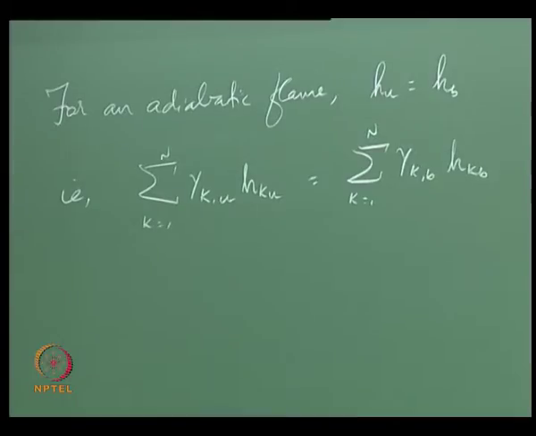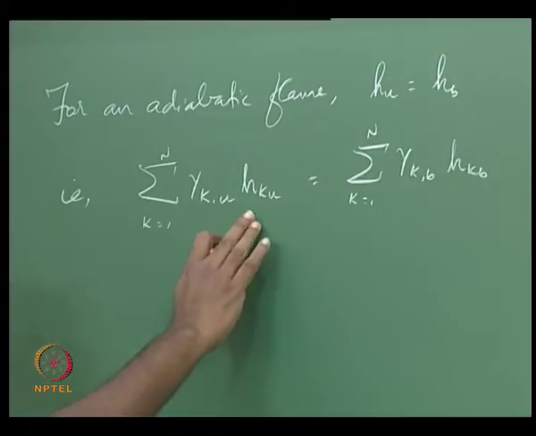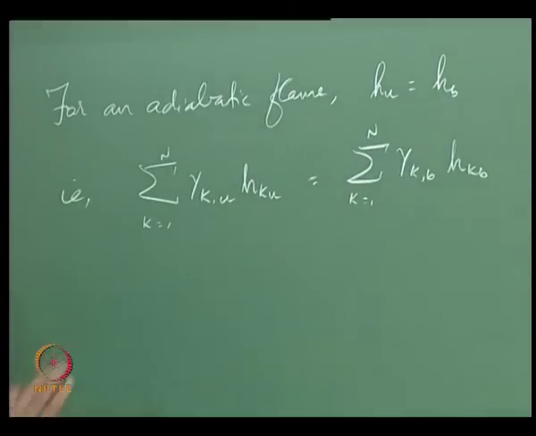So what we then do is the normal thing, which is we now say enthalpy is formation enthalpy plus sensible enthalpy, right.